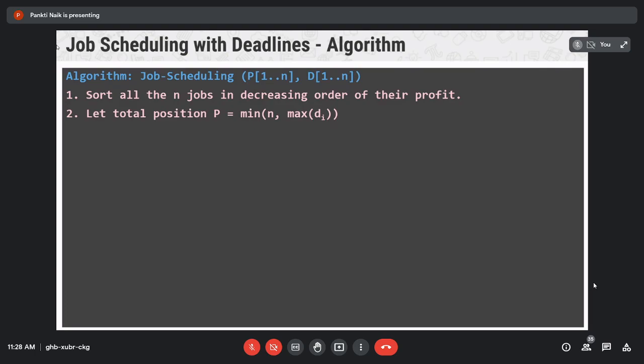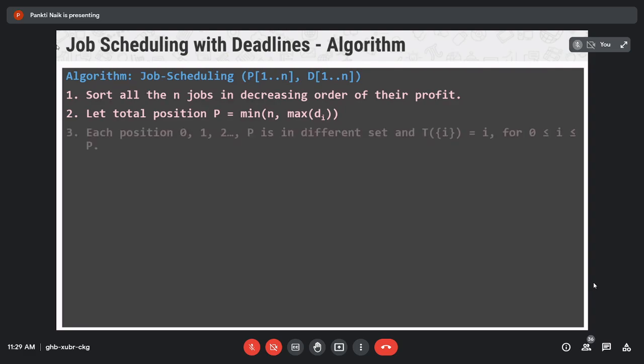Second step of the algorithm is to find the total position P. To find the total position P, the equation is P is equal to minimum of total number of jobs, comma, maximum deadline.